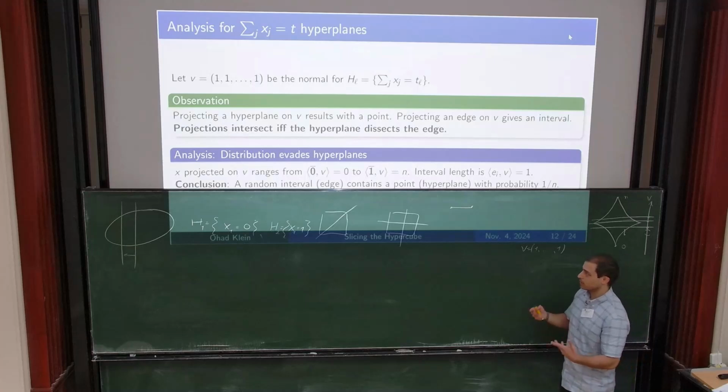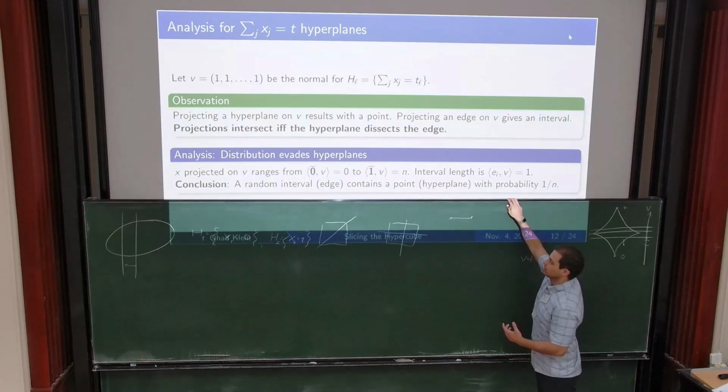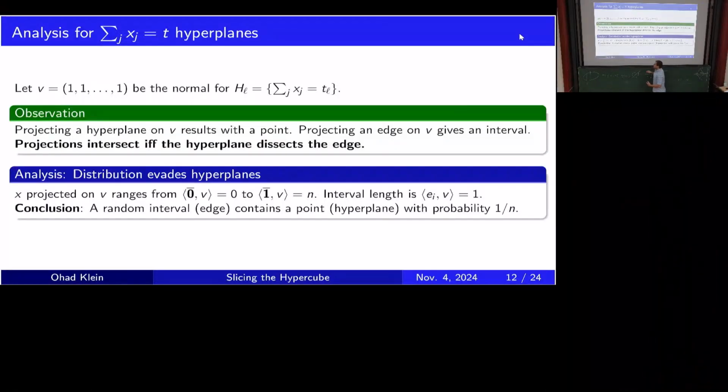And let us just analyze the case we just discussed. So if we take a random vertex which has a uniformly random Hamming weight, then the inner product of x and v is going to be a uniform number between 0 and n. Now a random edge going out of this vertex x is going to have a projection on v of length 1.